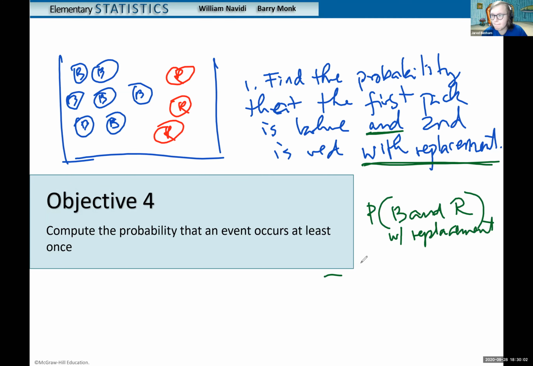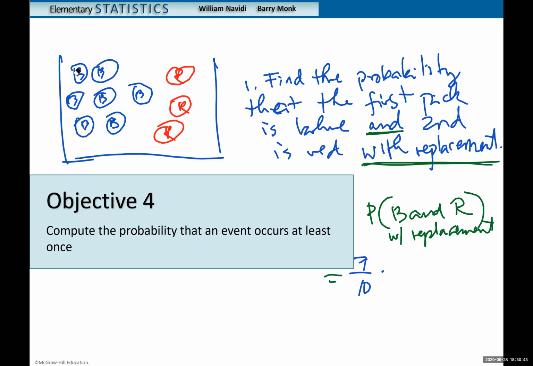So to answer this, first the probability of blue. What is the probability of blue here? 7 out of 10. Point 7. Very good. Because there's a total of 7 blue marbles out of 10. So let's say you pick the first blue with replacement, meaning you return the blue marble.